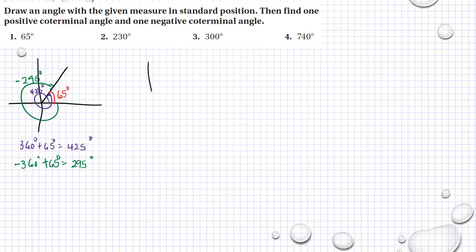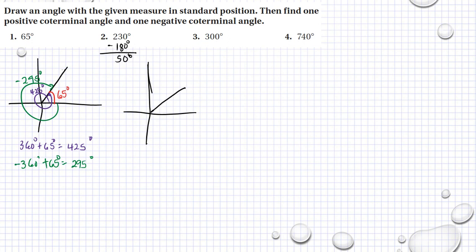And then number 2, I will do the black always for 230. 230 is how many degrees? Minus 180 degrees. Then we have 50 degrees, so less than 60.